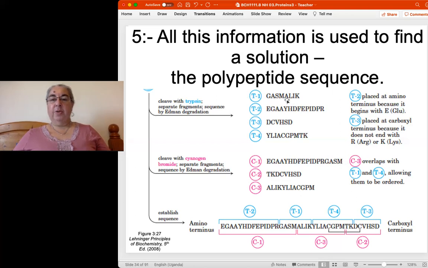So the next ones are ALIK. If we look here, we can see that C3 begins with ALIK.